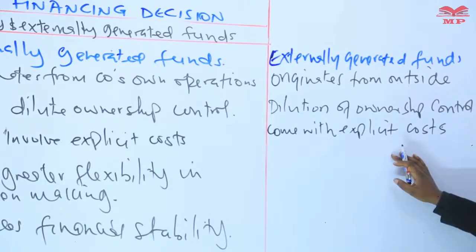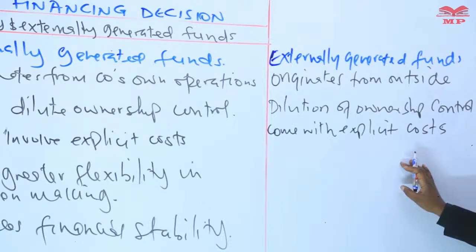External financing may come with specific terms and conditions, may come with covenants, may come with expectations, and companies may have to adhere to certain constraints imposed by creditors or investors. Externally generated funds come with decision constraints.